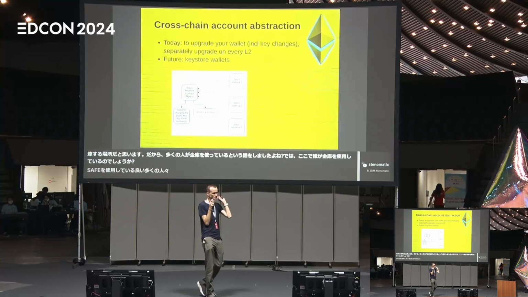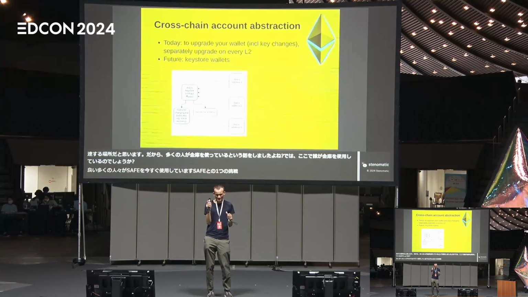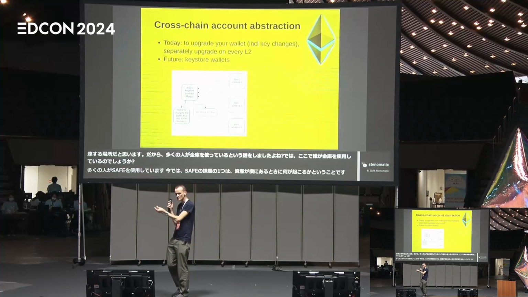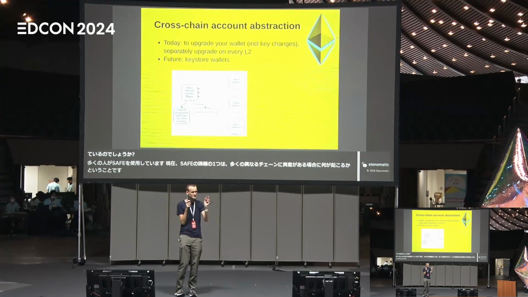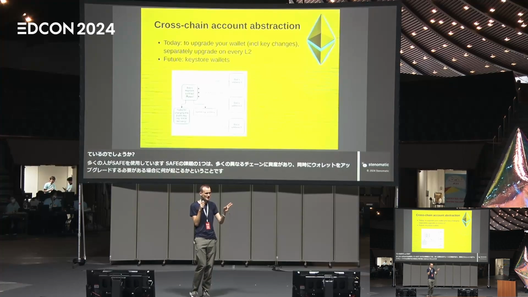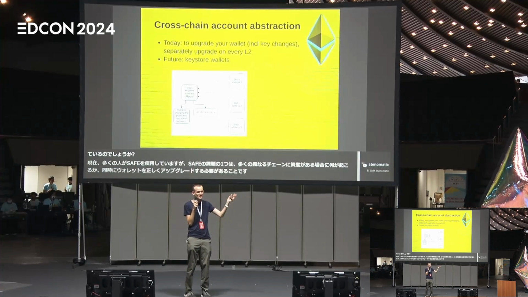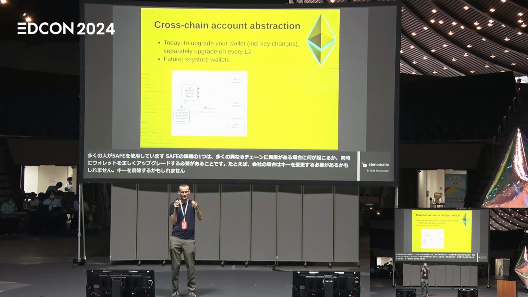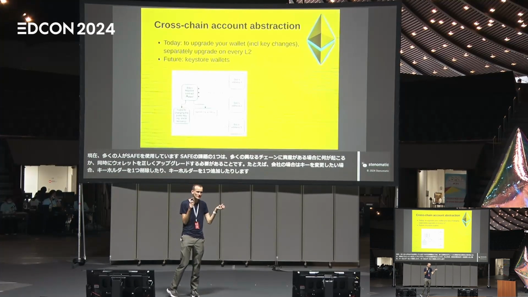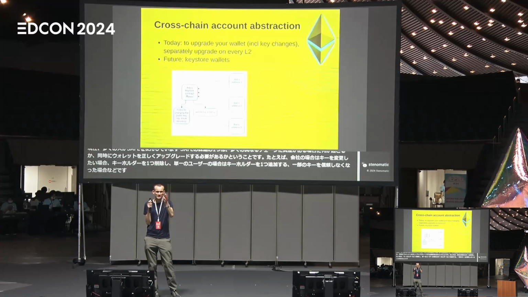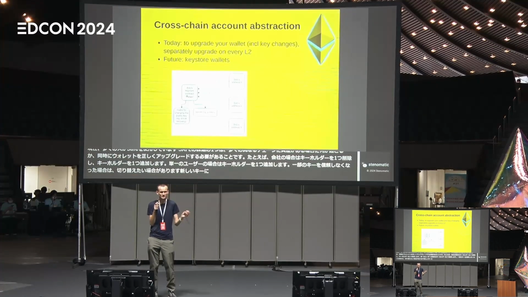Now, one challenge with Safe is what happens when you have assets across many different chains, and at the same time, you need to sometimes upgrade your wallet, right? For example, you might want to change your key. If it's a company, maybe remove one key holder, add one key holder. If it's a single user, maybe you don't trust some key anymore, you want to switch to some new key, you want to upgrade a hardware wallet, anything.